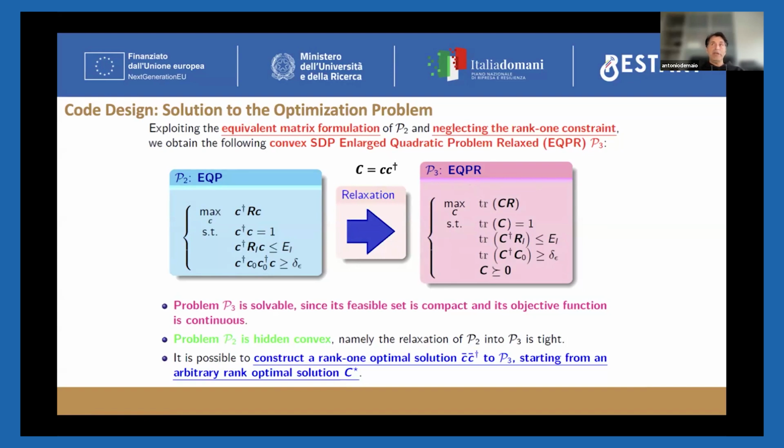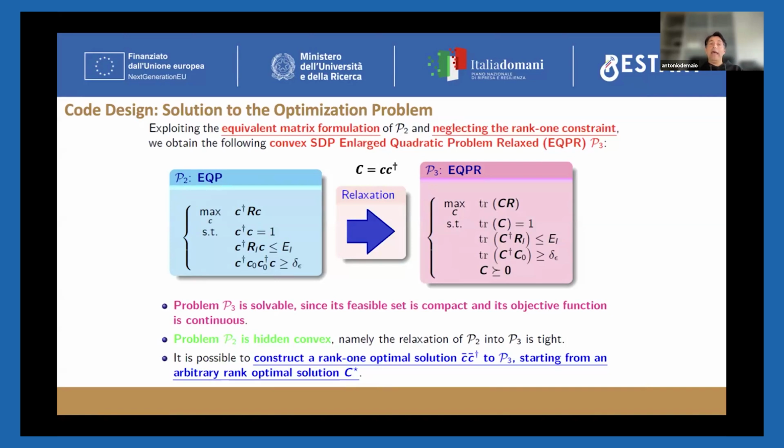Notice that problem P3 is a relaxed version of our original problem because the feasible set of problem P3 is larger than that of P2. And in general, the optimal solution of P3 might not be a rank 1 matrix.